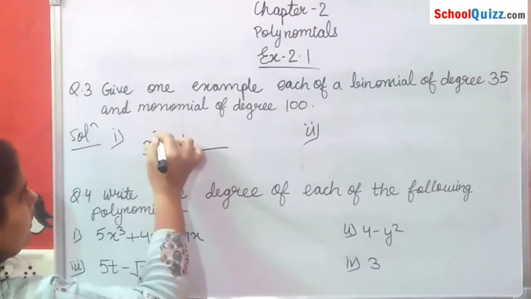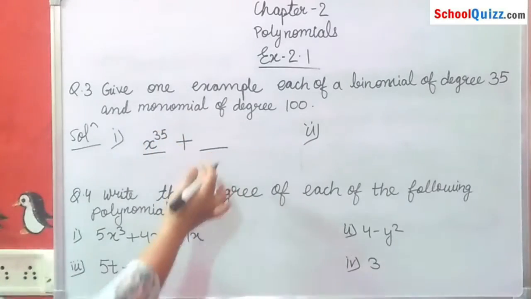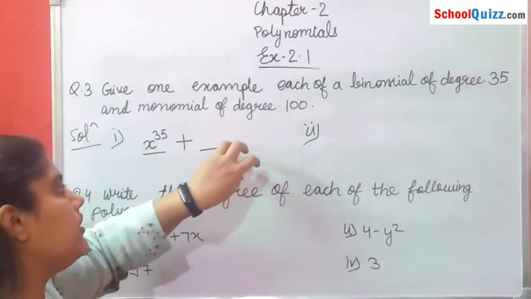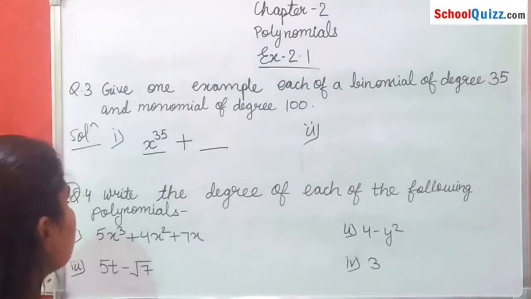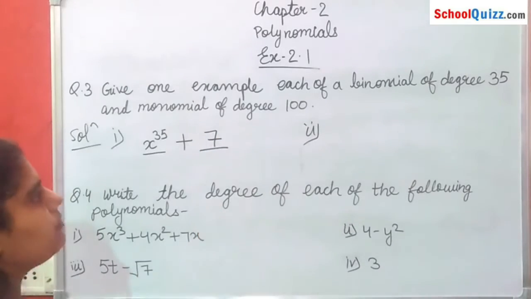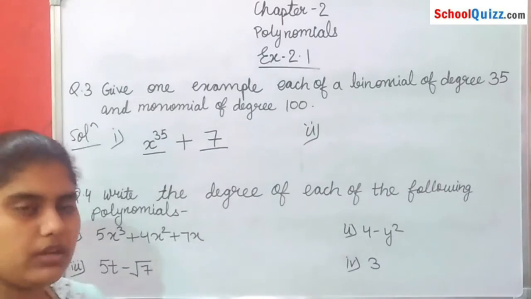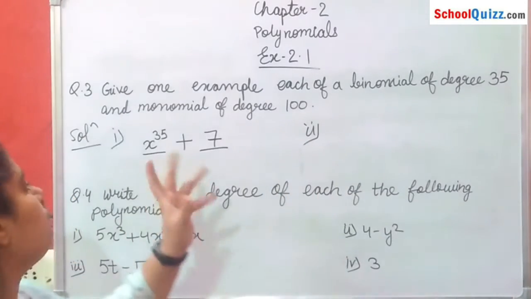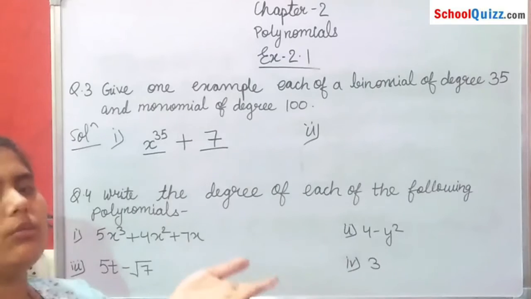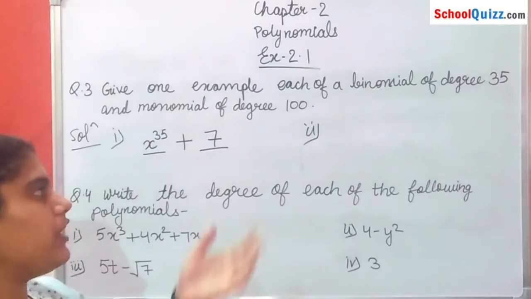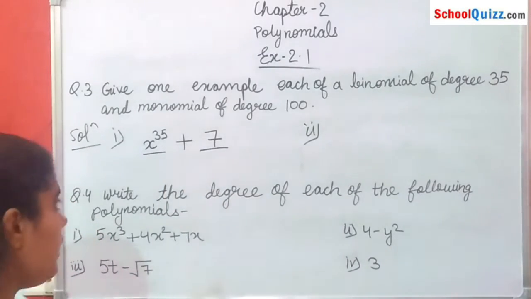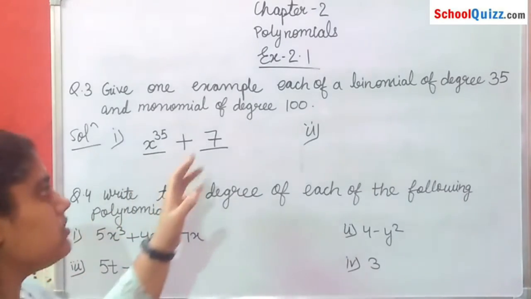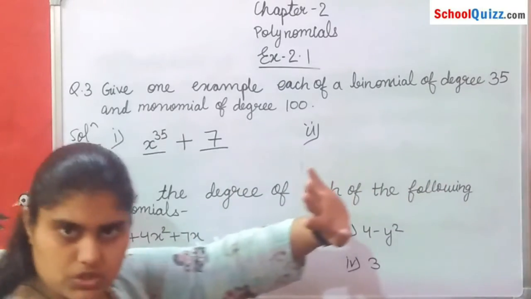So x की पावर कितनी होगी, 35. अब यहाँ पर हम लोग we can write another variable x also, or we can write constant terms also. So I'm just writing the constant term 7. So similarly like this we can make more examples of binomial of degree 35. What we have to do is we have to make the power 35 of a variable, and that must be the highest power in the whole expression, because here degree 35 is used. Okay.